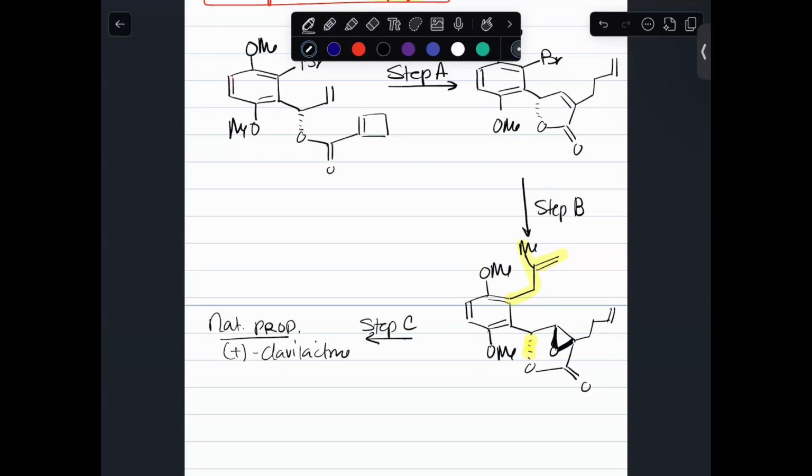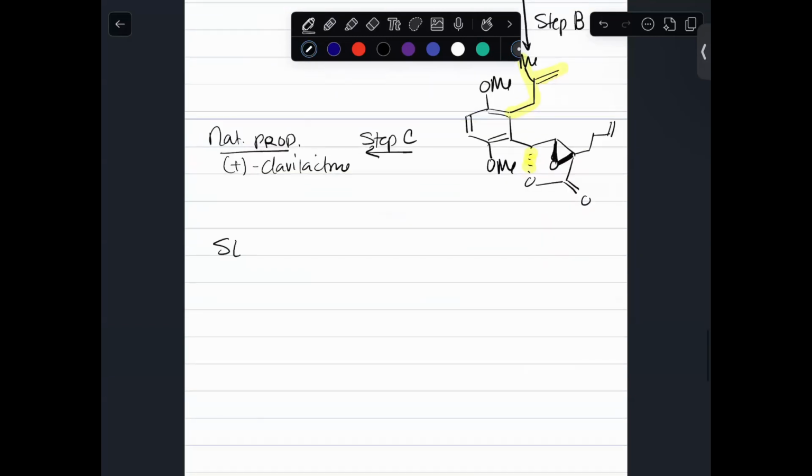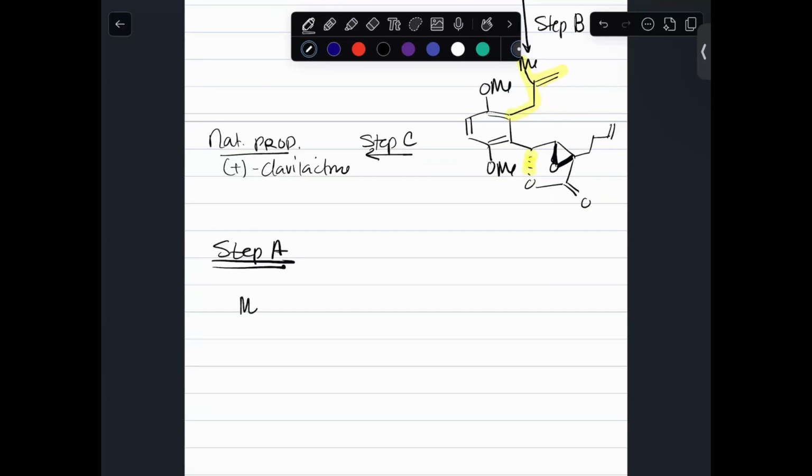I'm going to go through these steps briefly. What I would like to start with, obviously, is step A. And so I know that I drew it above as follows.